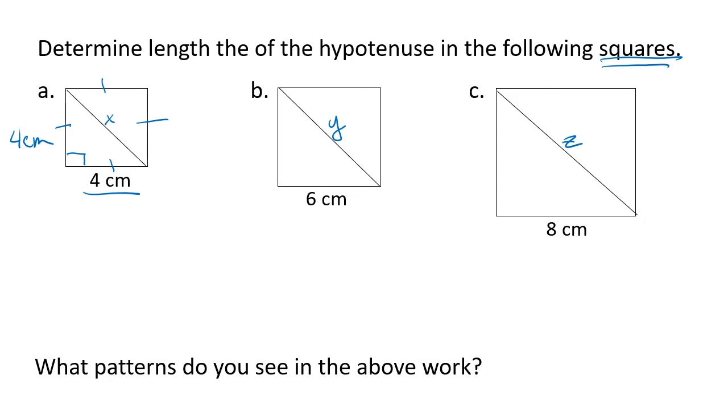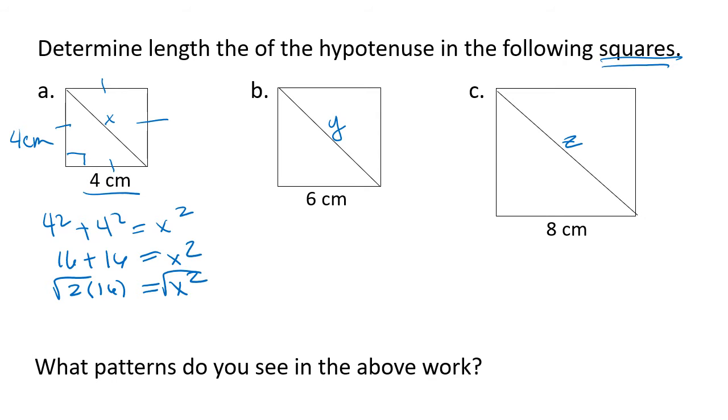All right, welcome back. Hopefully using the Pythagorean theorem, I'm going to do one, but not all of them. You had 4 squared plus 4 squared equals x squared. So this is 16 plus 16 equals x squared. Because I know what's coming up, I'm going to write this as 2 times 16 equals x squared.